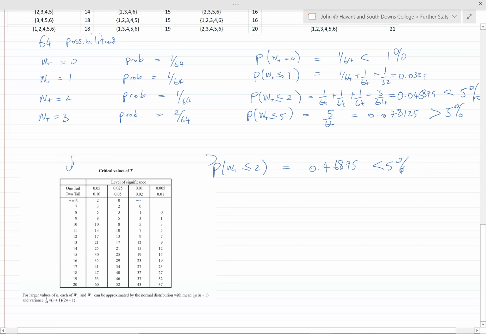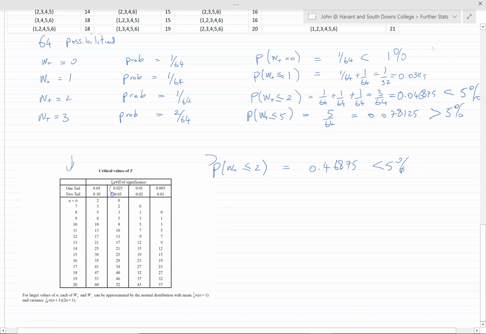So that 0 doesn't even qualify for a 1%, because the sample size is too small, but it would do for a 2.5%, because it is less than 2.5%, but 1 doesn't, because that's 3%.